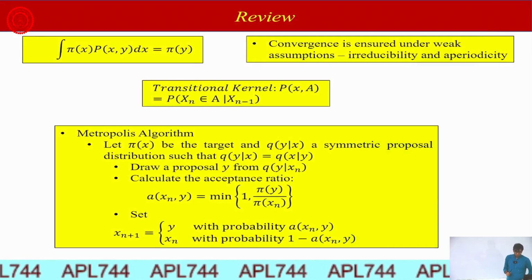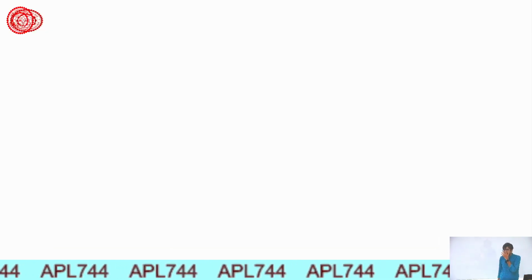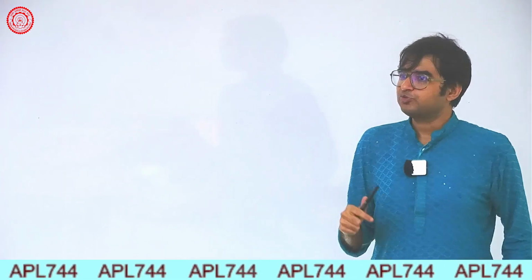So now, with this background, Hastings improved upon the Metropolis algorithm so as to allow any generic proposal.